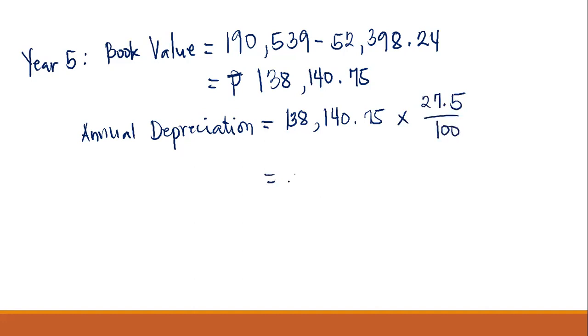So this is now equal to 37,988 pesos and 7 centavos. All right, so that is how to compute or calculate for the annual depreciation of our, ano yan ulit? Diminishing balance method or yung written down value method na tinatawag natin.